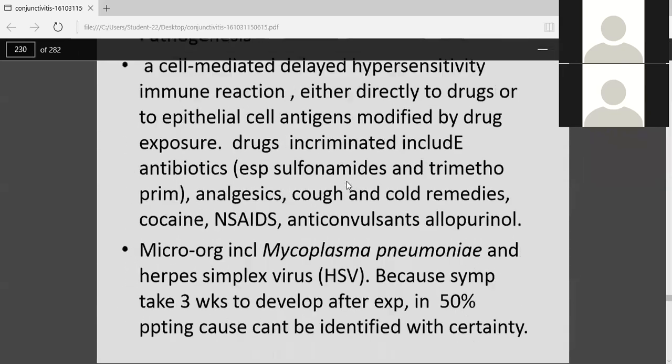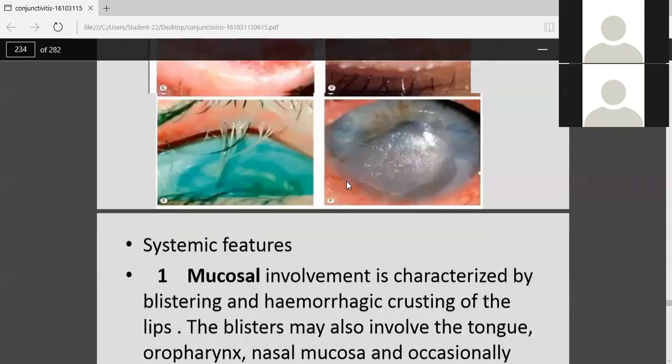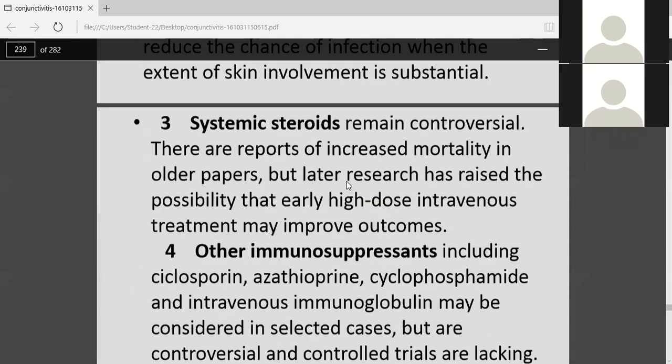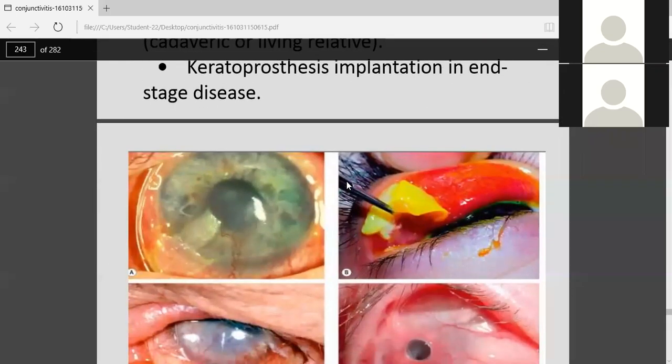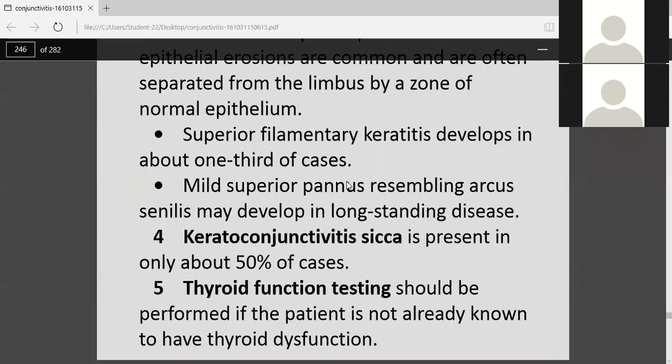I think we should go through this cicatricial conjunctivitis in the next class. You can't digest so many types of conjunctivitis in a single class. Still there is a lot to go through.